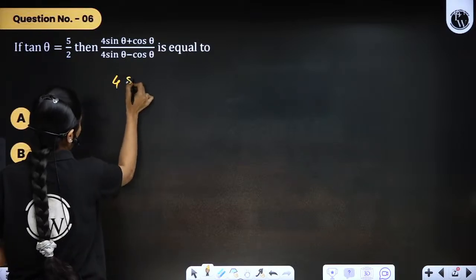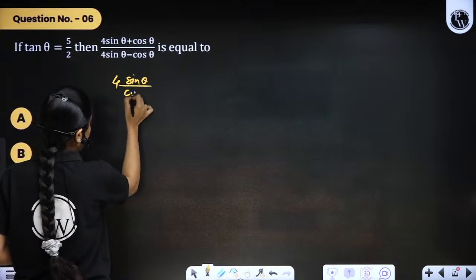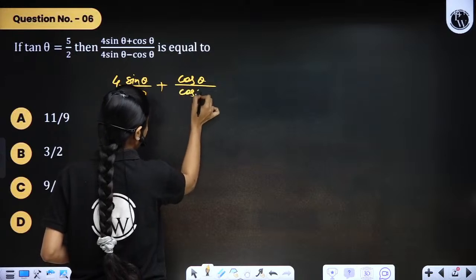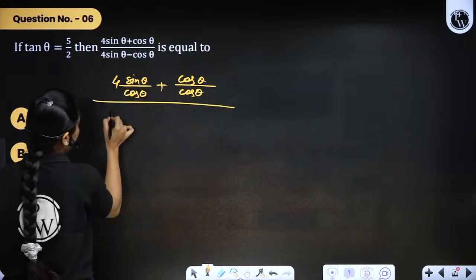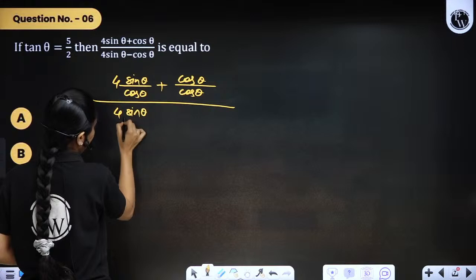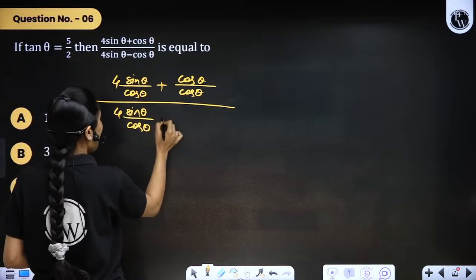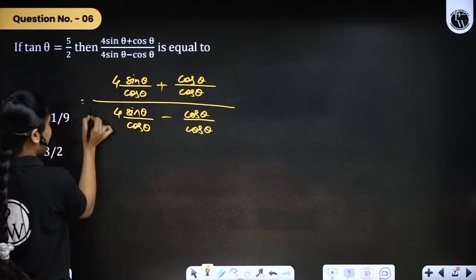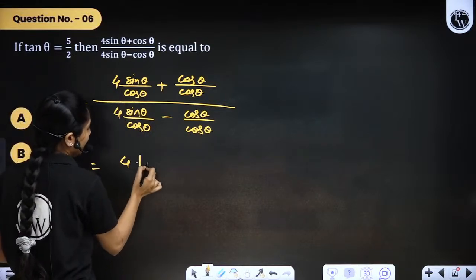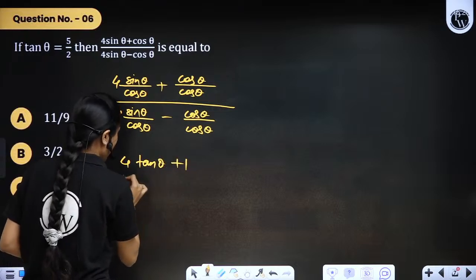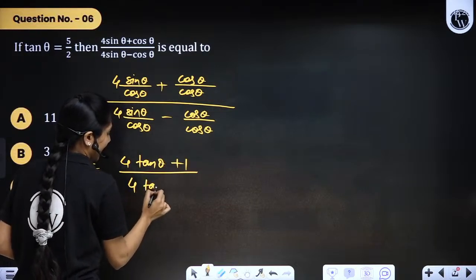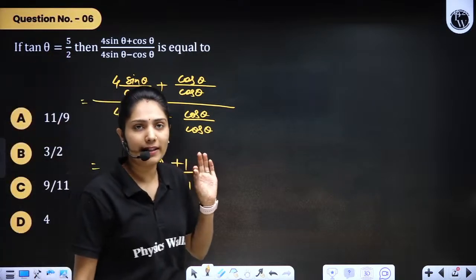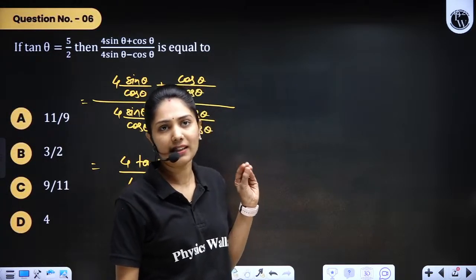So it will become 4 sin theta upon cos theta plus cos theta upon cos theta divided by 4 sin theta by cos theta minus cos theta by cos theta. So what we will be left with is 4 tan theta plus 1 upon 4 tan theta minus 1. Value of tan theta is something that we already have.